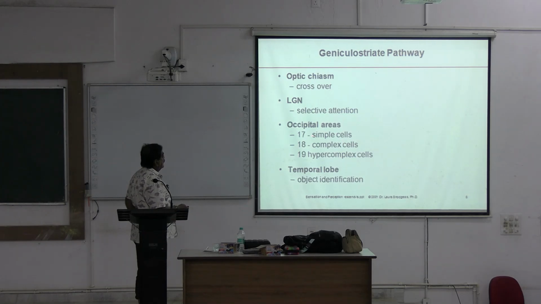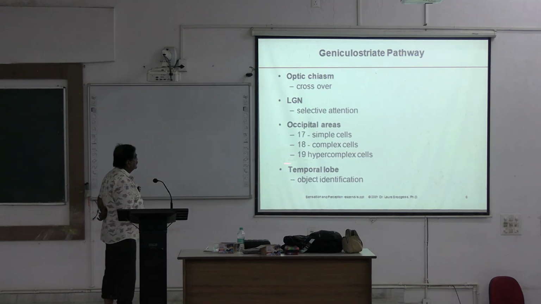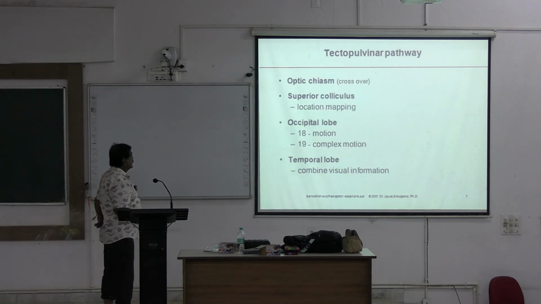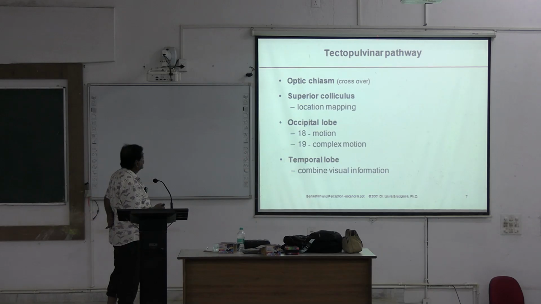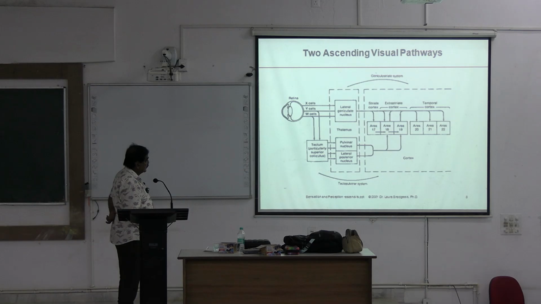Temporal lobe, object identification. Now, optic chiasma crossover, superior colliculus, location mapping, occipital lobe, 18 motion, 19 complex motions, temporal lobe, combined visual information. You please see your textbook.